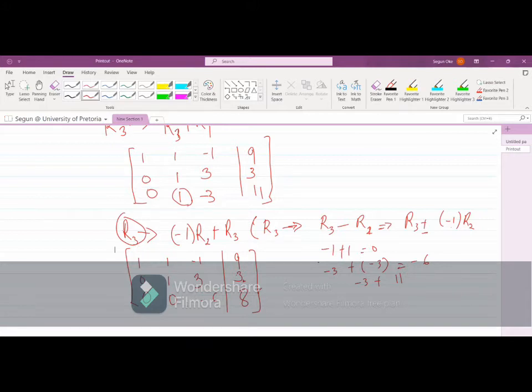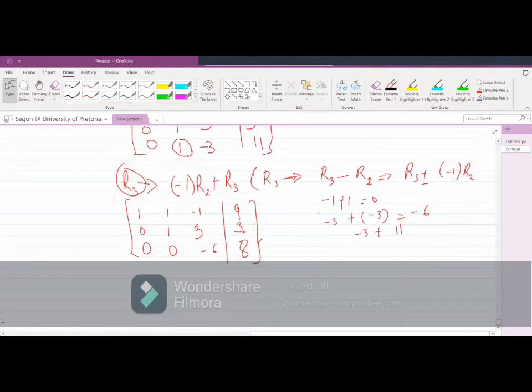So now we've achieved this side. Now that we achieved this, we can now look at our diagonal element. We've achieved the lower triangle.